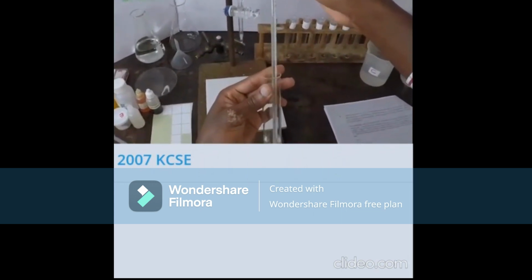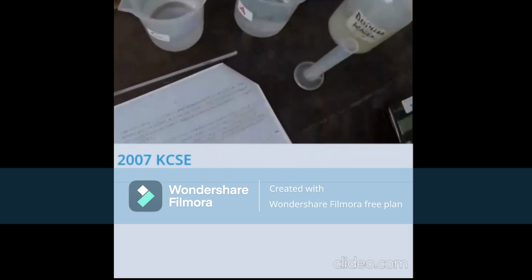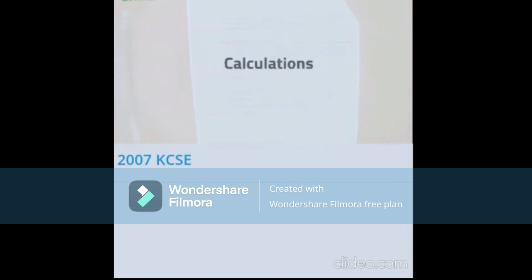Now this is the table. Look at the table. Now plot the graph. You should find the change in temperature. You see the initial and final, so you say final minus initial, you get the change in temperature. Now you do graphing. You plot the graph of change in temperature against volume, that is for solution A. Look at what I am doing. Make sure that your points are visible.